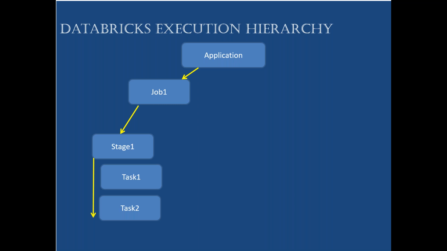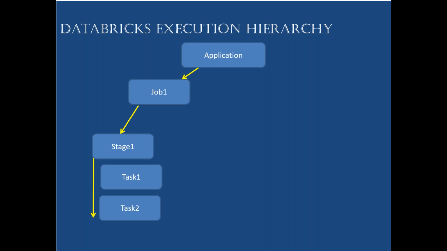Now, what is a task here? A task is not the number of cores. If I have two cores, it's not two tasks. No, a task is the number of partitions that you have. If you have created two partitions, two tasks are going to run in the stage.